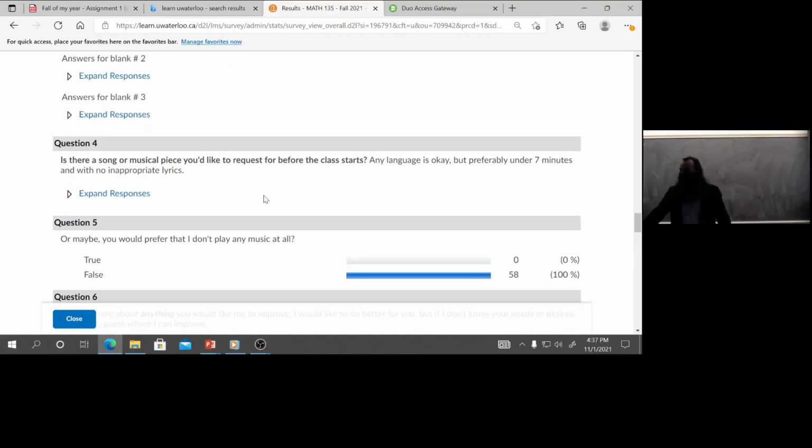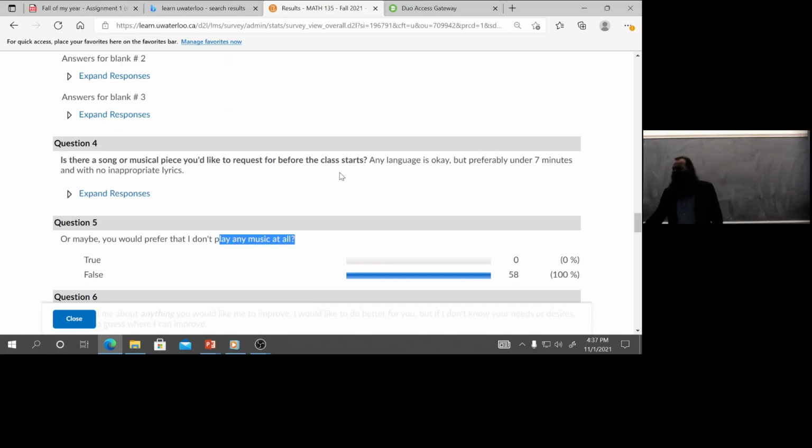That's great. Okay, I was really worried about this one, about the music, because I've come from a different place. I come back to Waterloo and I thought that the music is something very unconventional, which the other teachers aren't doing. And I was worried that some people might say, oh, this is too loud, I don't like this.